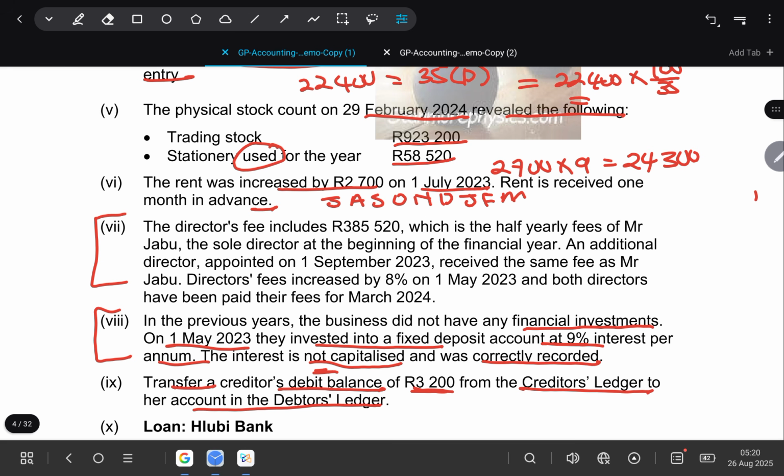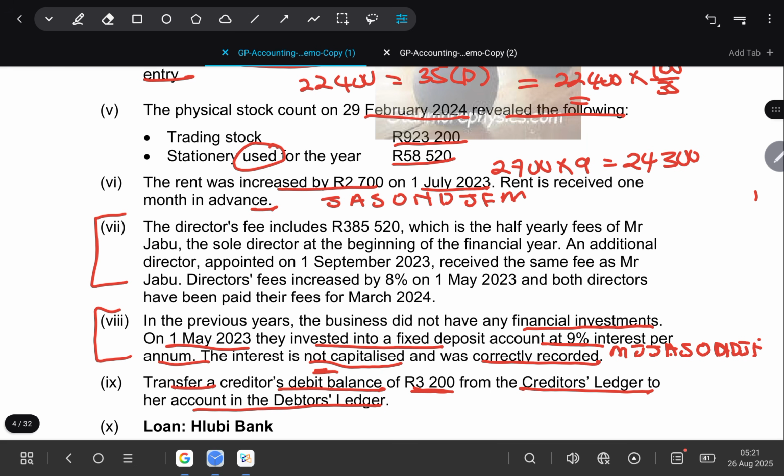So if you count from May, June, July, August, September, October, November, December, January, February, it's 10 months.